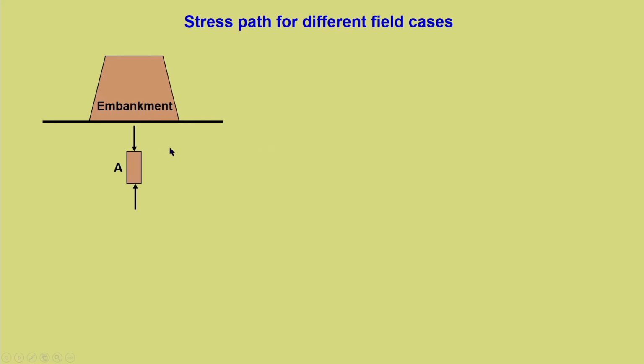Now, what is the consequence of this on a cylindrical soil element which is away from the embankment? Let us say the case B, wherein there is a stress increase, that because of the stress acting here, that will be transmitted in the horizontal direction, because of which the radial stress increases in the case of sample B, that is a cylindrical sample B. So, these two are very much similar to the cases that we discussed.